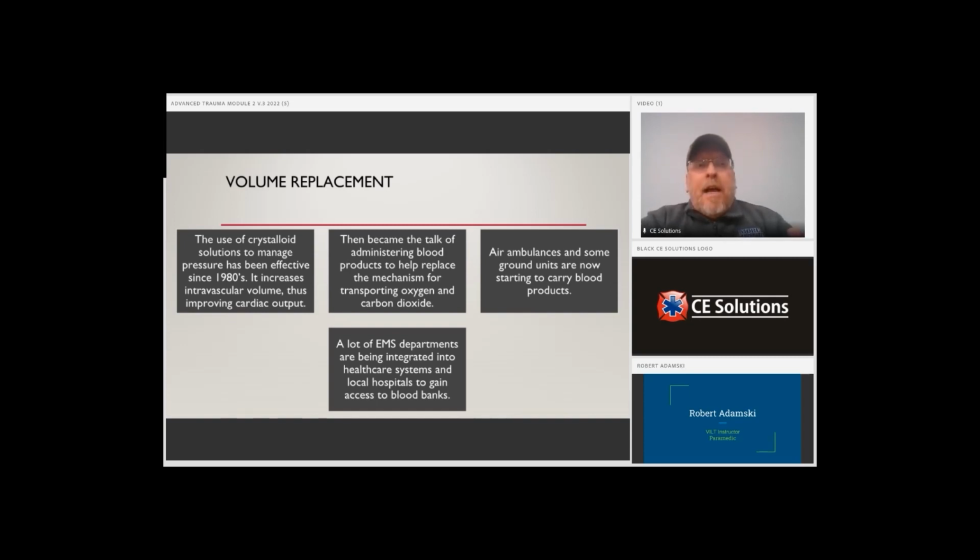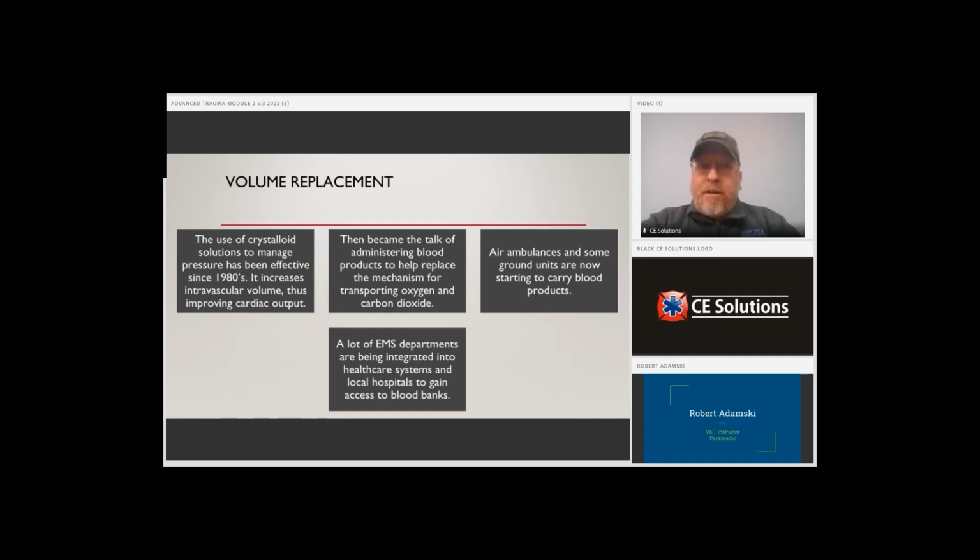Now, obviously, most of our EMS services, our primary go-to for volume replacement is going to be a type of crystalloid isotonic IV fluid, such as Plasma-Lyte, Normosol, lactated Ringer's, normal saline. Follow your local protocols, use the type of fluid that your system recommends.